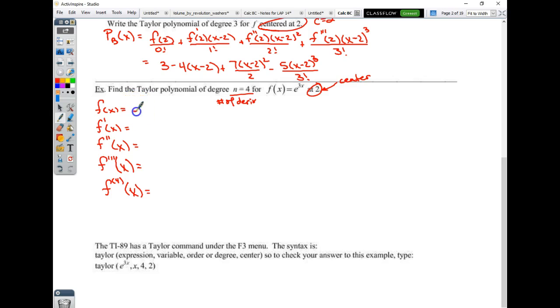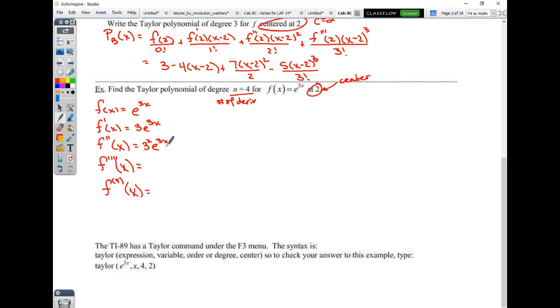So, if f of x is e to the 3x, then f prime of x would be 3e to the 3x. The next term will be 3 squared e to the 3x, which we could write if we really wanted to, but I'm really lazy. Now again, it's not too bad here.